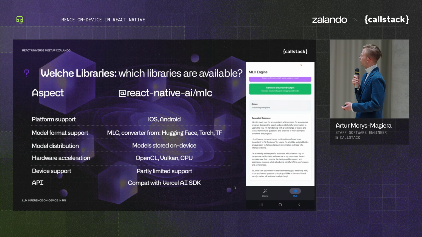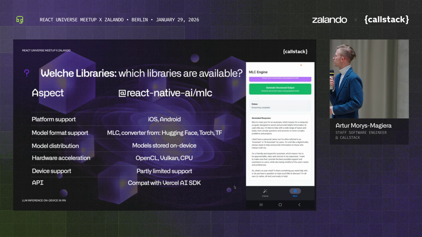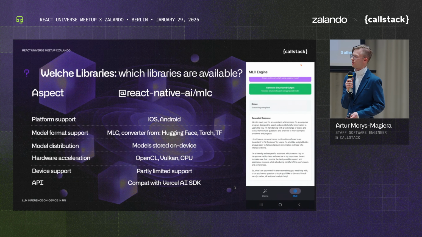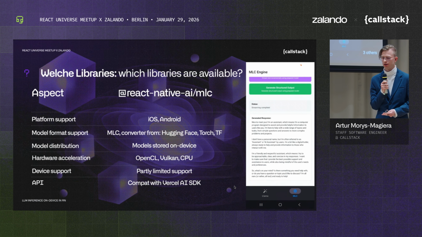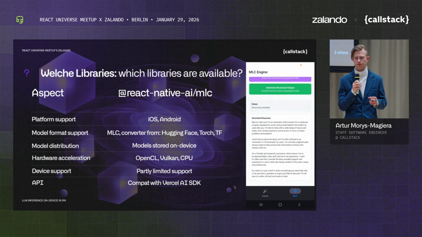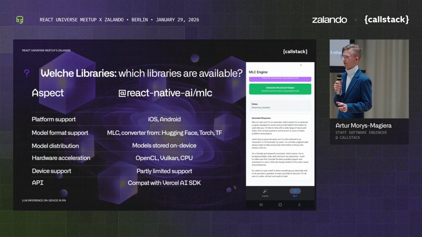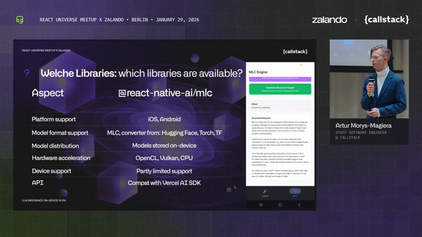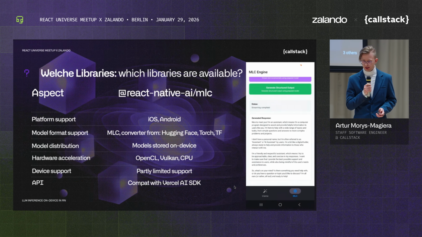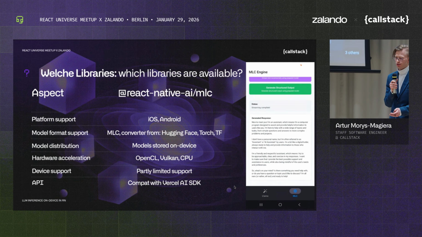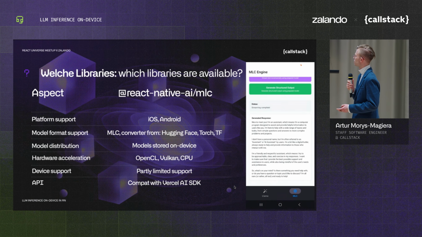And MLC also applies various very complex optimizations during compilation time. For instance, operator fusing, which is converting a sequence of mathematical operations into an equivalent but simpler, computationally cheaper alternative, as well as some others. The models need to be, of course, stored on device.